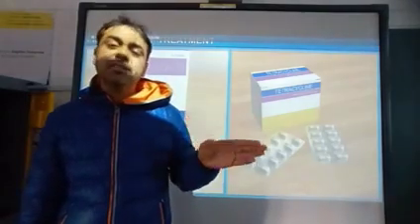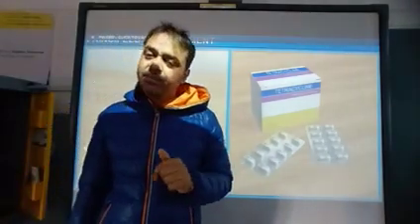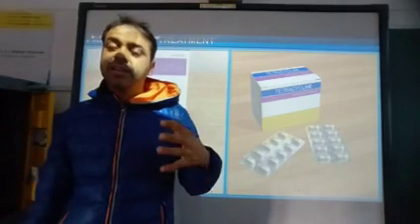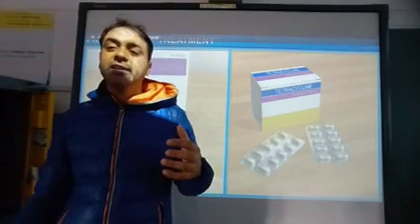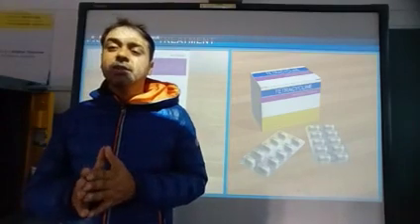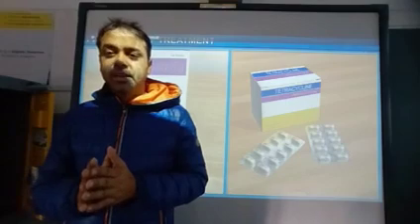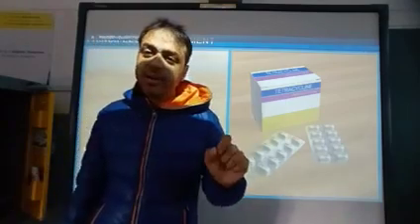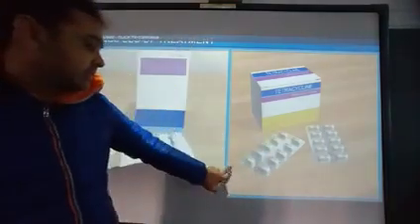These secrete certain chemicals that stop the growth of the bacterial cell and thus kill the cell. So this is the antibiotic that we take in the case of bacteria.